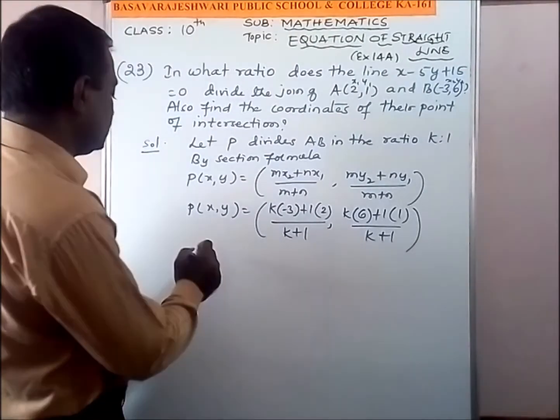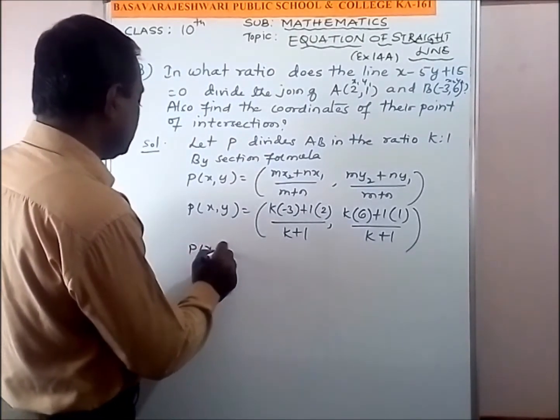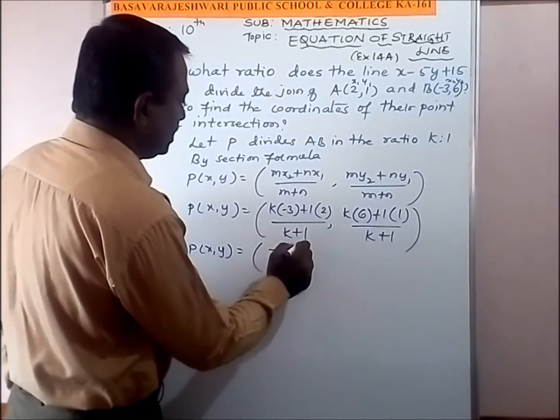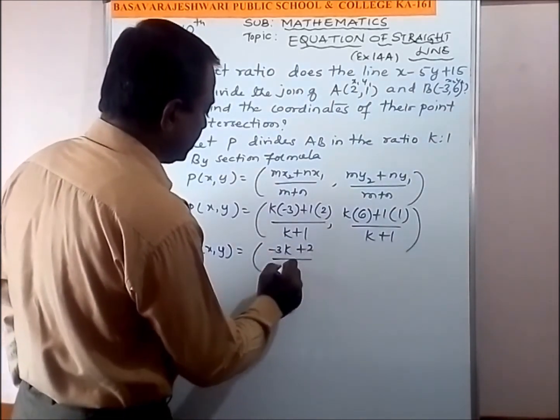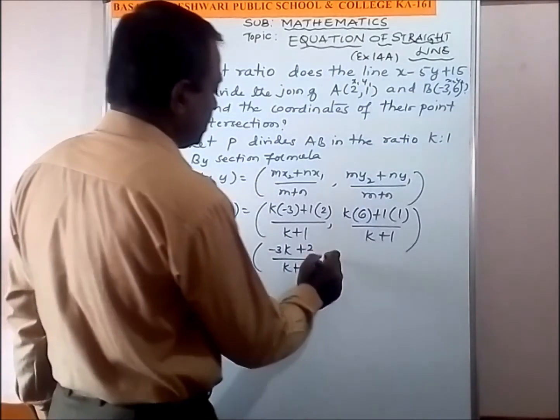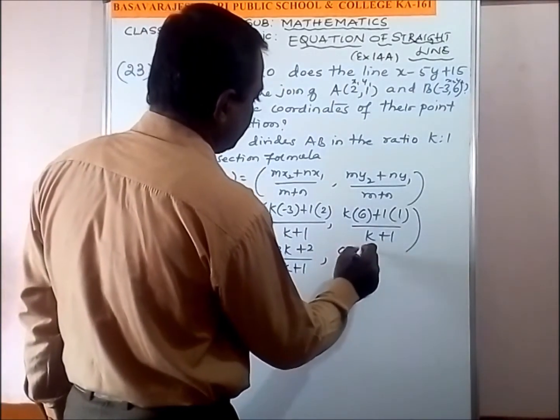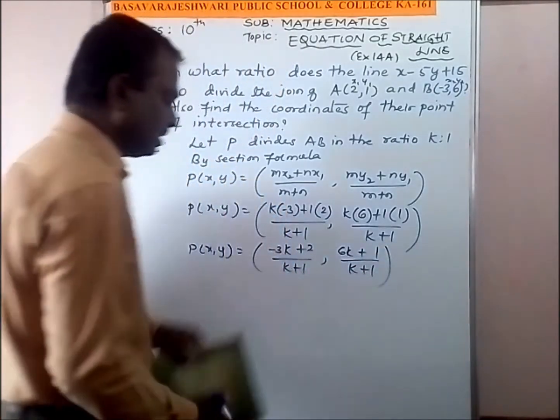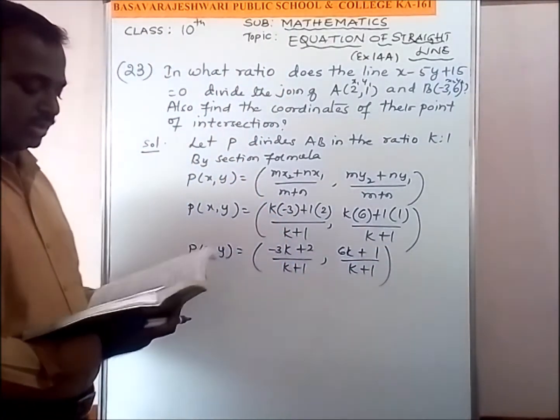Correct? So that is P of (x, y) is equal to (minus 3k plus 2) by (k plus 1), (6k plus 1) by (k plus 1). Now we got the point, isn't it?